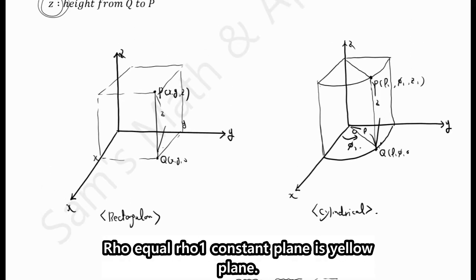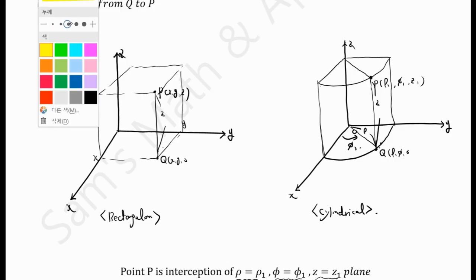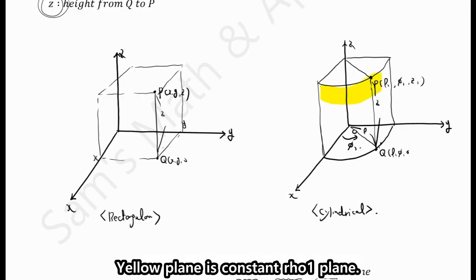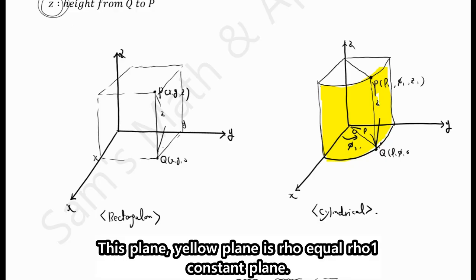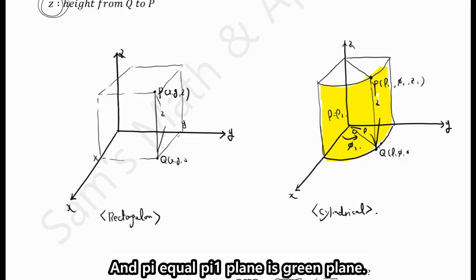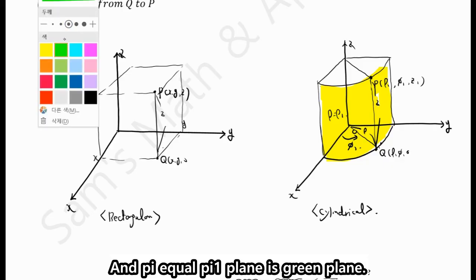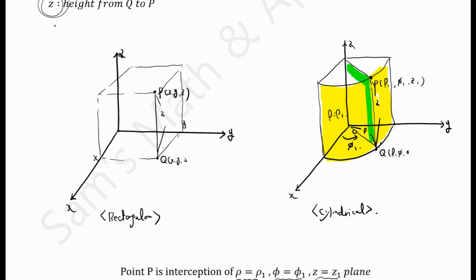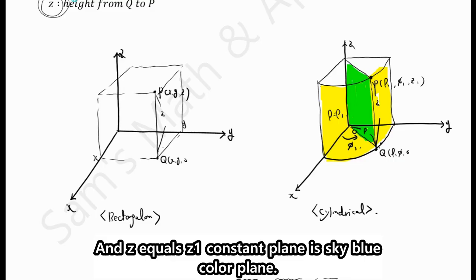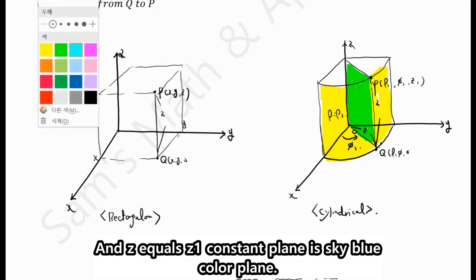The rho equals rho 1 constant plane is the yellow plane. This yellow plane is the rho equals rho 1 constant plane. And the phi equals phi 1 plane is the green plane. This green plane is the phi equals phi 1 plane, and the z equals z1 constant plane is the sky blue plane.